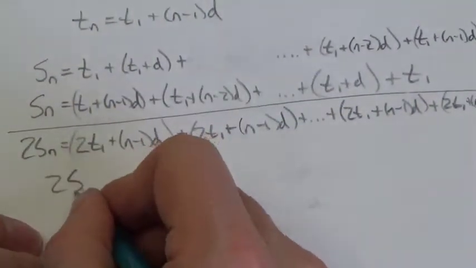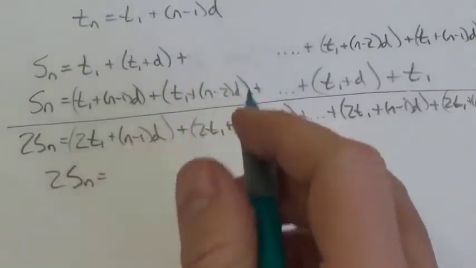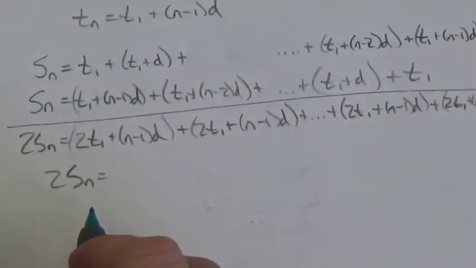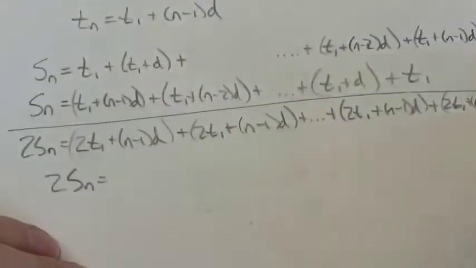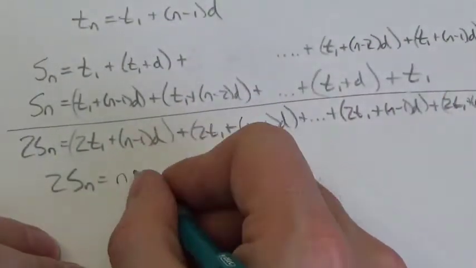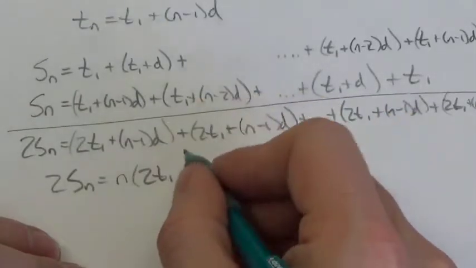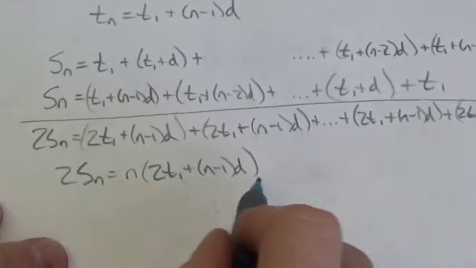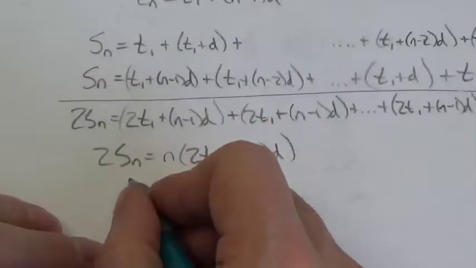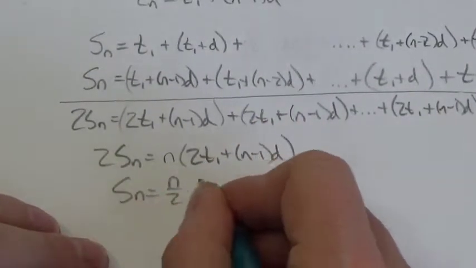Now it's going to get cleaned up real quick, because I knew from the start here that I was adding n terms, I know that there are going to be n of these. So this is going to be n times 2t1 plus n minus 1 times d. There's going to be n of those. And now to get Sn by itself, I would divide by 2.